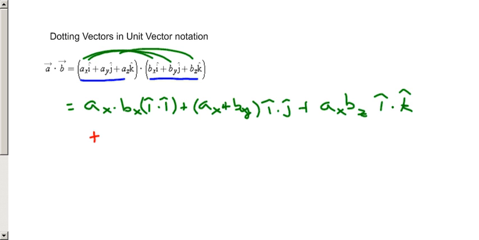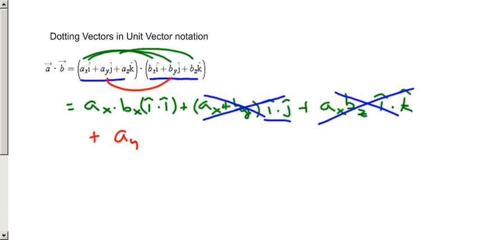Plus, well, before I go on, think about this. We just learned that i dot j is 0, so this whole thing's going to be 0. And i dot k is 0, so this whole thing's going to be 0. So the only thing we're going to get value from is when i's are dotted with i's, j's with j's, k's with k's. So then we can simplify this. We've got the j term, it's only going to matter there.